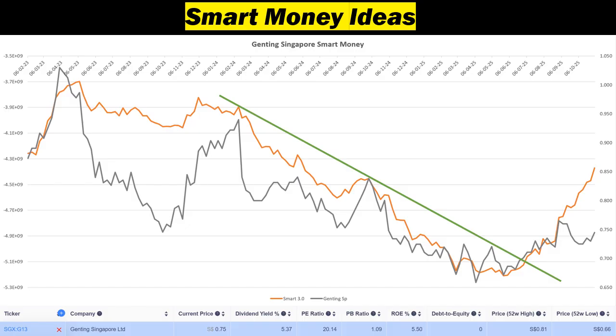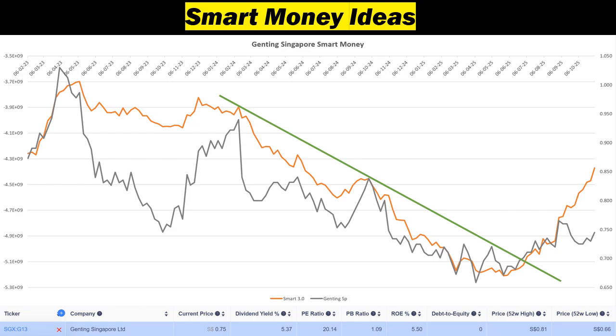So this is of course a positive indication showing that there could be a possible accumulation of shares, right? So when the smart money has accumulated enough of the shares, then eventually the buying action will push the share price higher, right?